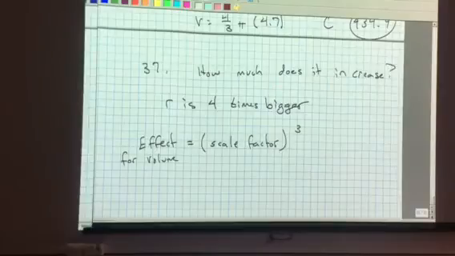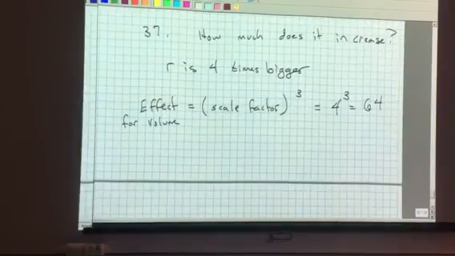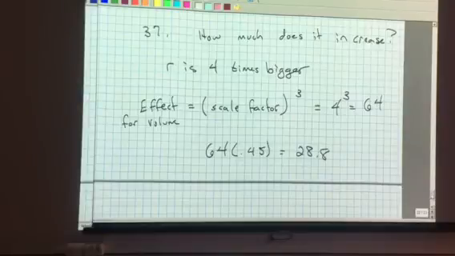If it was for surface area, you would take your scale factor and square it. So here we're making it 4 times bigger, so 4 cubed. So actually the sphere is going to be 64 times the size in volume, which means it's also going to weigh 64 times more than it did before. So your weight is actually 64 times 0.45, and you get 28.8 pounds.